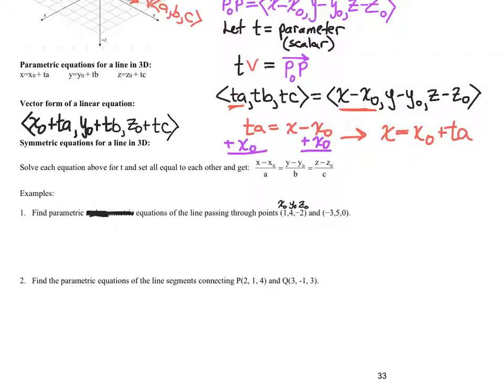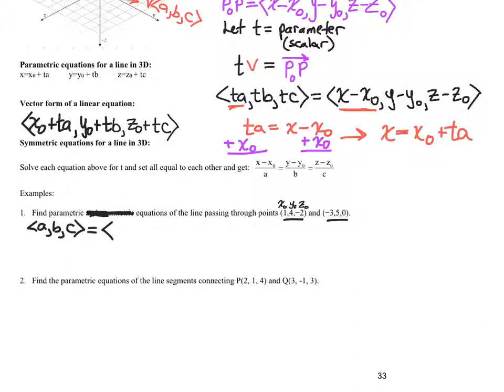So now, in order to find the A, B, C, this is the parallel vector. What I'm going to do is find the displacement vector between these two coordinates. Any multiple of this displacement vector would necessarily have to be parallel.